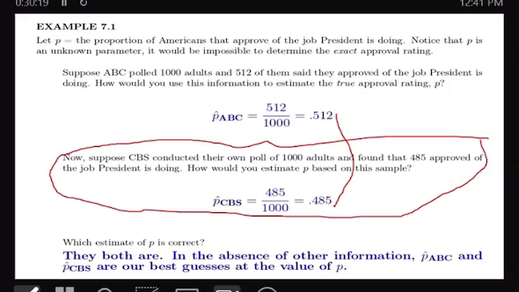And that is why frequency is going to come in. How many of the pollsters actually got this result? How many got this result? How many got this result? Now sampling distribution is trying to say, what are the possible values statistic can take with a corresponding frequency? That's what we mean.